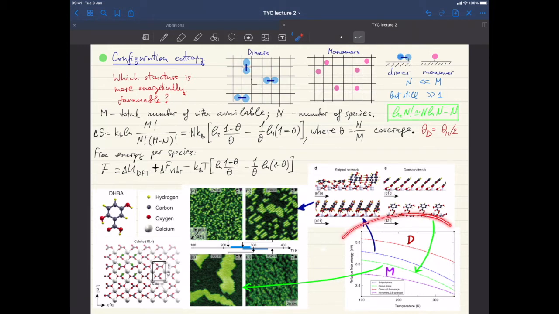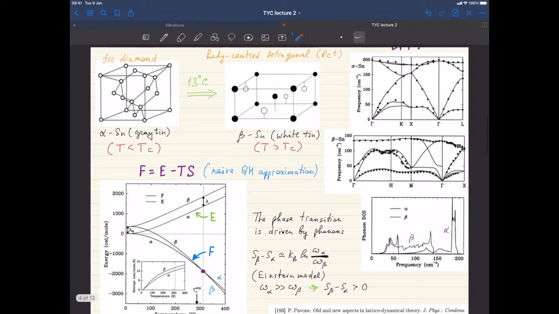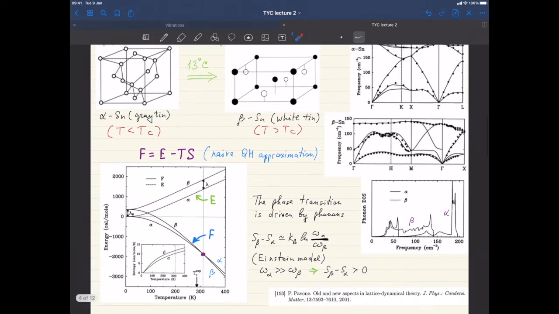And here you can see the dependence of the free energy for dimers and for monomers, and also some other crystalline phases, which were calculated in this paper as a function of temperature. So in this case, a trivial implementation of a quasi-harmonic approximation was used, and a similar naive quasi-harmonic approximation was attempted in this paper.